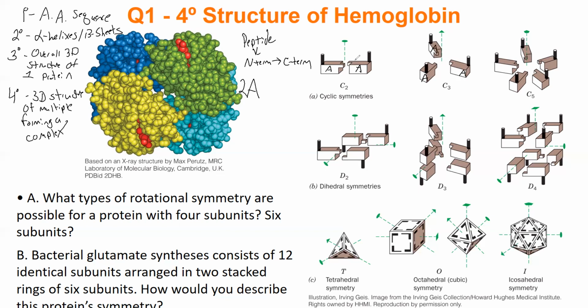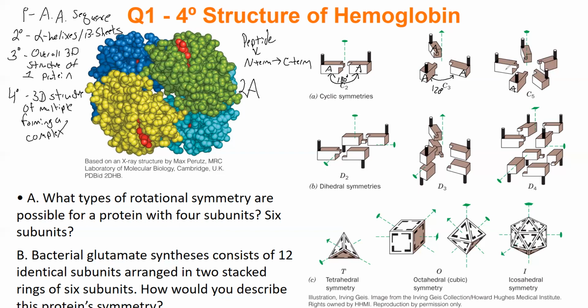And what we're looking at here, this green, is trying to show you an axis of rotation. So if you had 2 A's coming together, they would have to be 180 degrees apart, like mirror images of each other, more or less. While if you had three A peptides coming together, they would be 120 degrees.